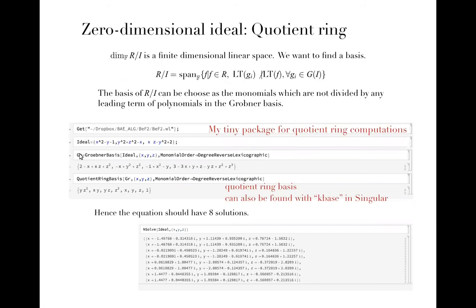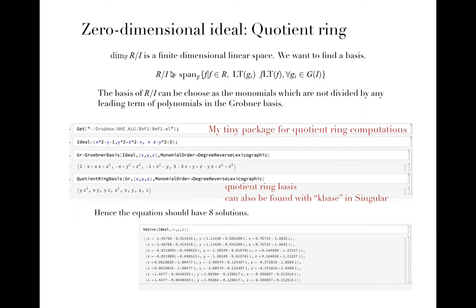The way I do it is calculate the Gröbner basis. This looks like a quite random polynomial system. But in my package, I have a simple tool to find all the monomials not divisible by any leading term in the Gröbner basis. I find 8 of them. That means this quotient ring has a basis of 8 elements, so the quotient ring over Q has dimension 8.